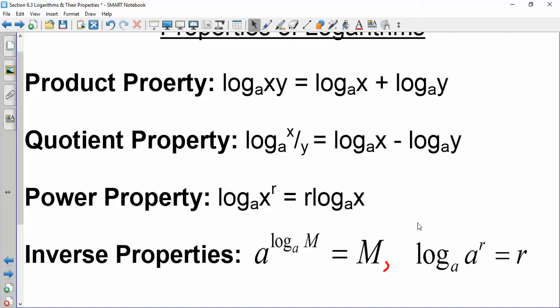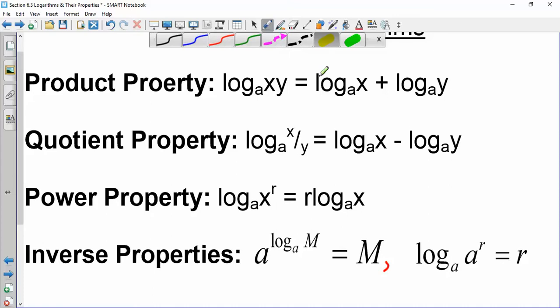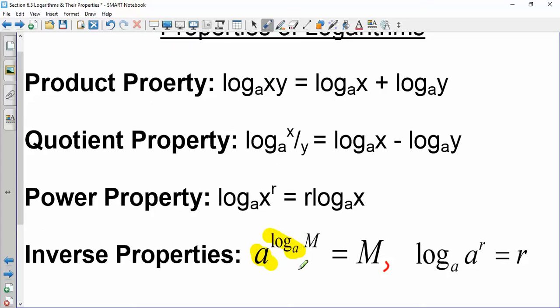And so we'll talk more about this part later, but it turns out that the exponential and the logarithm are inverses of each other. We talked about inverses in section 1. We had it on our test. We know that inverses essentially cancel each other out. They're opposites. You know, if you add 3, you can subtract 3. Those are inverses. If you do both a log and an exponential, they can cancel each other out as long as the base is the same. So if you have a to the log base a power, essentially that log and that a would drop and you just get the m left.